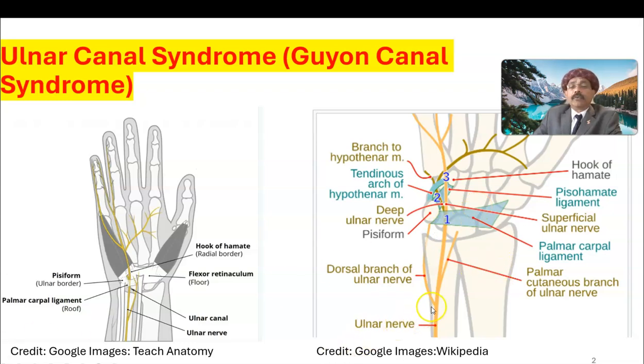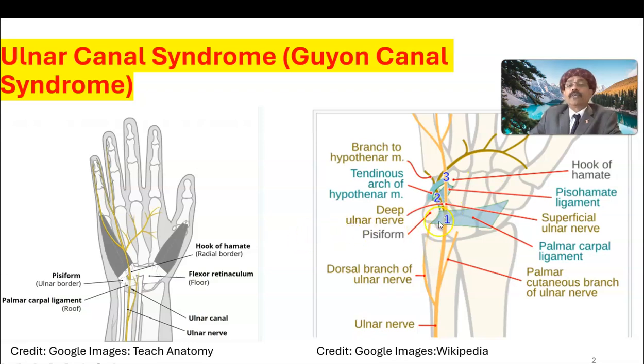We have the dorsal branch that picks up sensation from the dorsal aspect of the fourth and fifth fingers. So in ulnar canal syndrome, the skin sensation of the posterior aspect of the fifth and fourth digits is not hampered. It is the palmar surface that is affected.